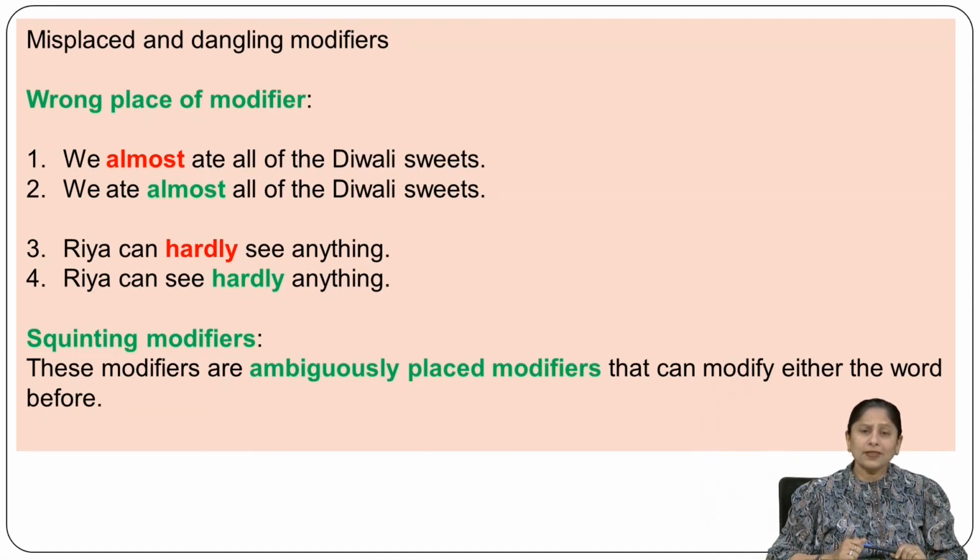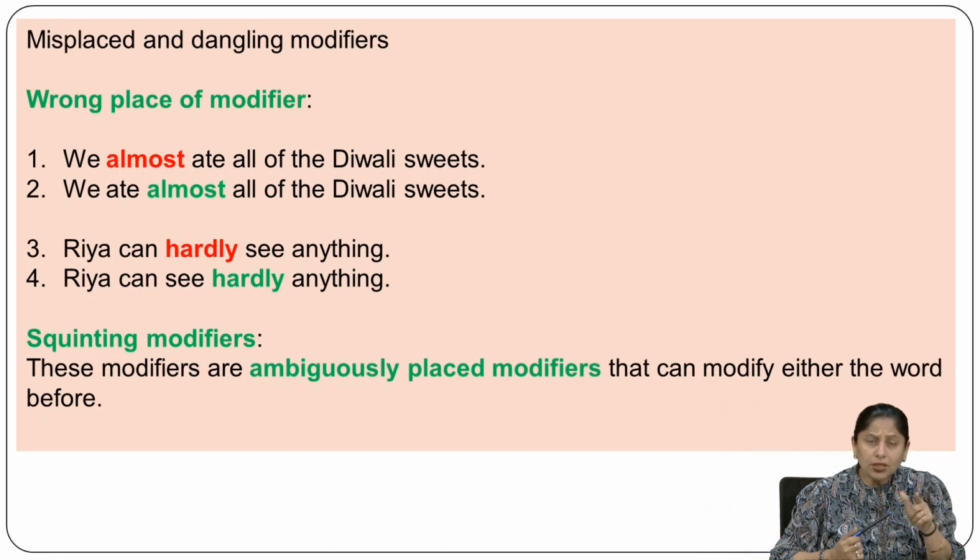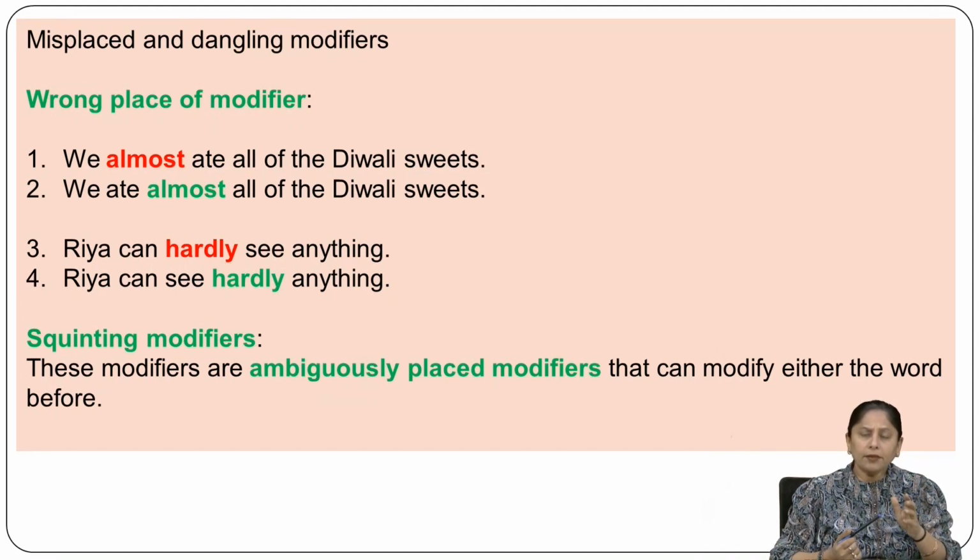Now we are going to understand the modifiers which are squinting modifiers. Look, there are misplaced modifiers, dangling modifiers, squinting modifiers, then split infinitive modifiers, certain kinds of modifiers you are going to learn, and the only thing you are supposed to remember is how to make sentences using the modifiers. It may happen that in the examination you will have printed sentences in front of you, and you are supposed to tick mark or underline the modifier.